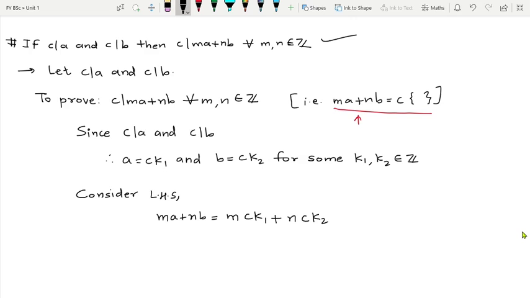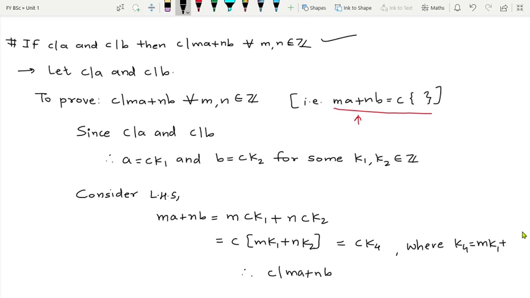CK2, which is equal to, you can take that C out, C multiplied by MK1 plus NK2, which is further equal to C multiplied by K4, where K4 is MK1 plus NK2, which belongs to Z. And you can write here, which is nothing but RHS, and therefore C is dividing MA plus NB.